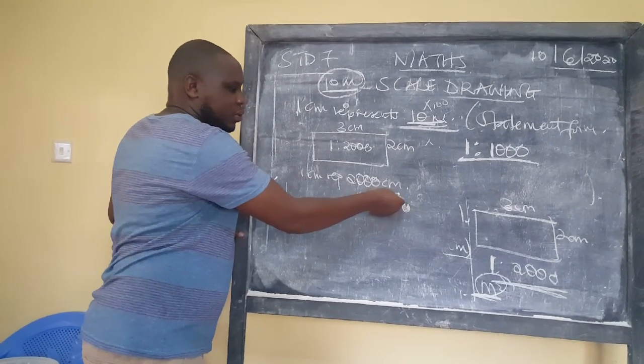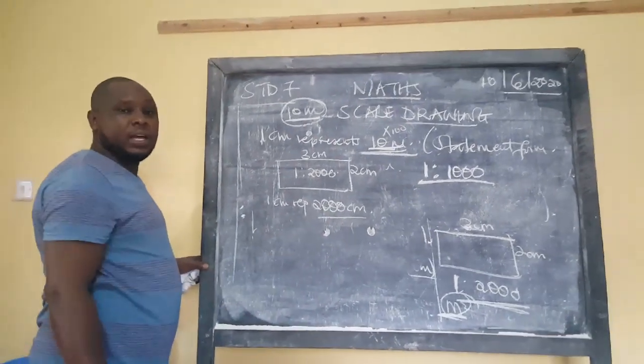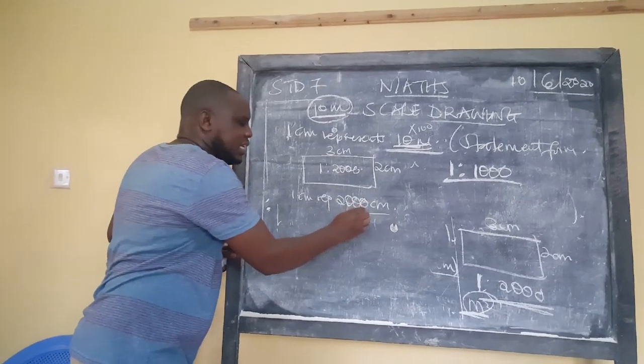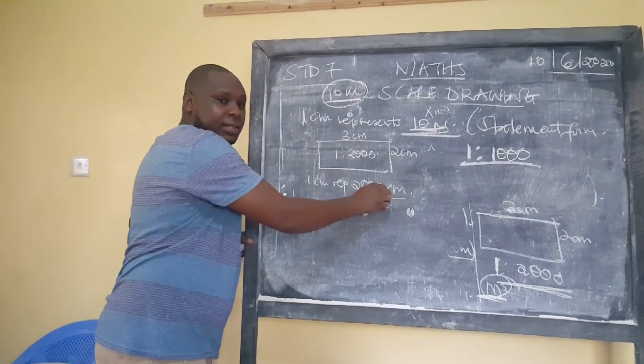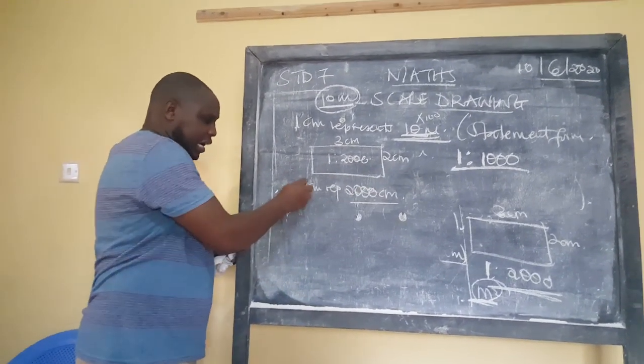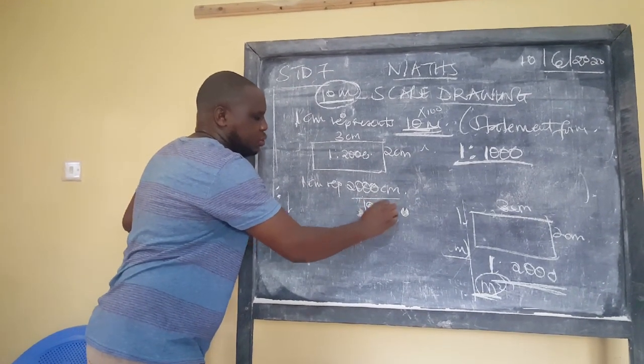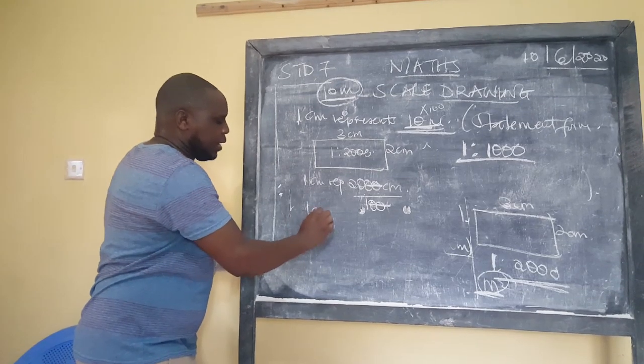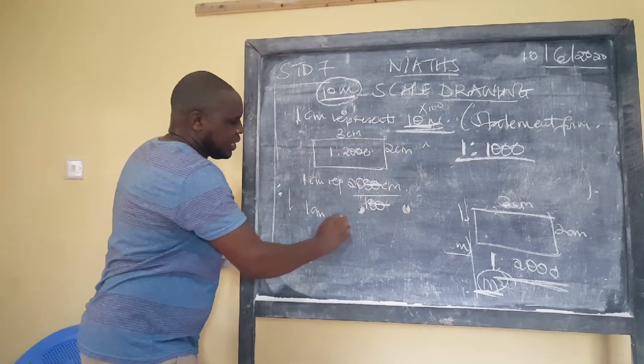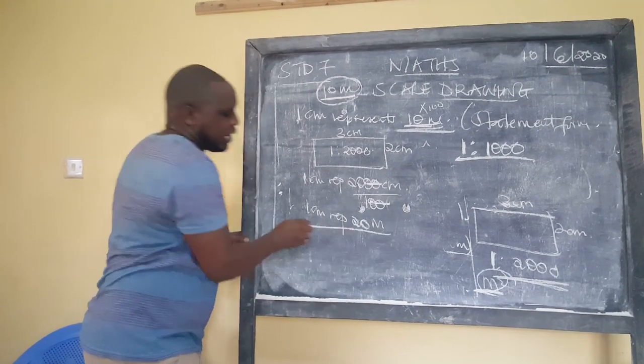So now they ask you the answer in terms of meters. So change this real length into meters. Leave this alone and change this into meters by dividing by 100. You'll get 1 centimeter drawn on the paper represents 20 meters on the ground.